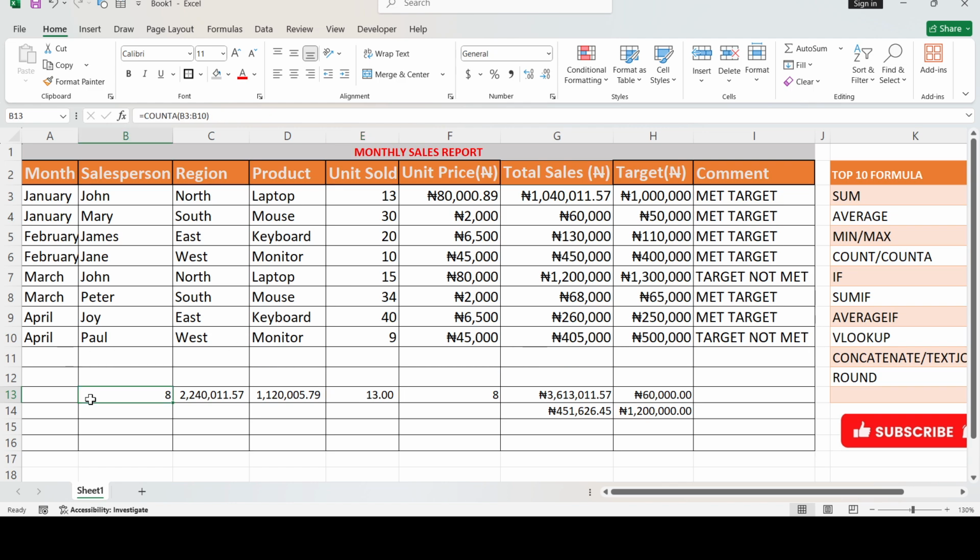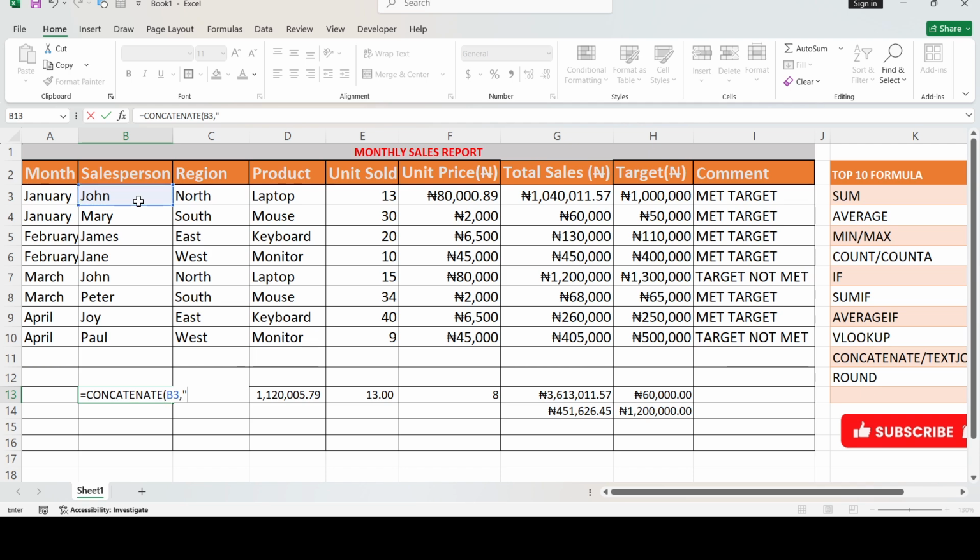The next one we'll be looking at is the concatenate, or the text join. You say equal to concatenate. This combines the two words together. Equal to concatenate B2. We are asking you to concatenate, add up this name. Then what are we adding it up with?